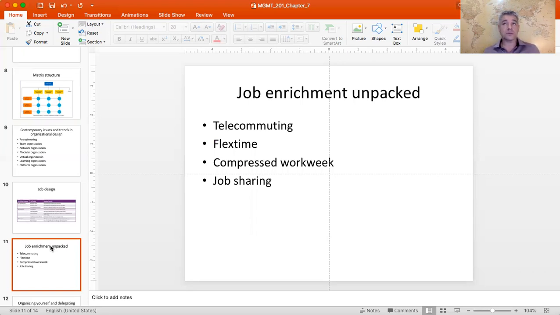So, an obvious solution to make your job environment richer is to give you an option for telecommuting. Now, I understand that in the times of the COVID pandemic, this is more of a joke than anything else, but prior to COVID, if you could tell your employees, okay, you work here in the office 3 days a week and 2 days a week you can work from home, that was a big deal.